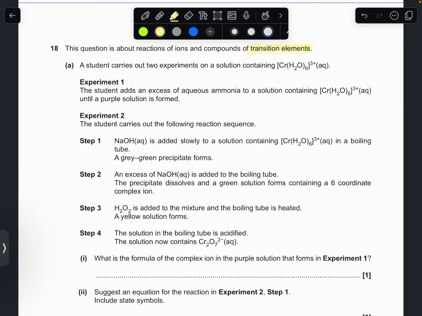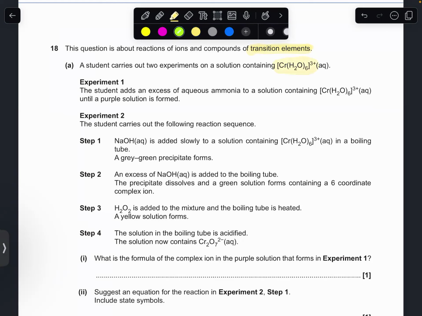A student carries out 2 experiments on solution containing chromium 3+ ions. So you've got the complex here. The student adds an excess of aqueous ammonia to a solution containing chromium 3+ ions until a purple solution is formed. The student carries out the following reaction sequence.